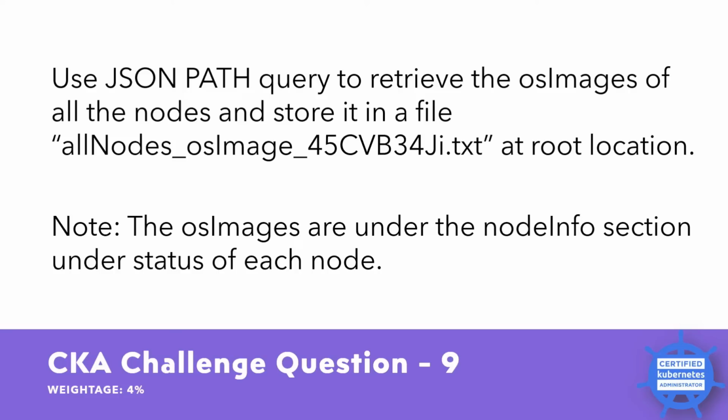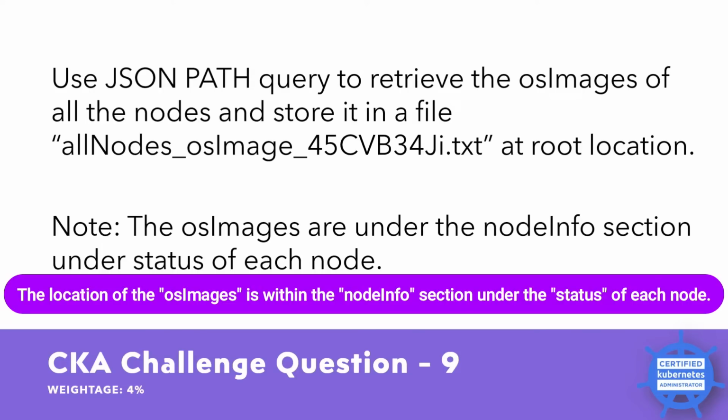The question involves using a JSON path query to retrieve the OS image name of all the nodes in the Kubernetes cluster. The retrieved data should be stored in a file named allnodes_OS_image_45cvb34ji.txt at the root location of the system. The location of the OS image is within the node info section under the status of each node.